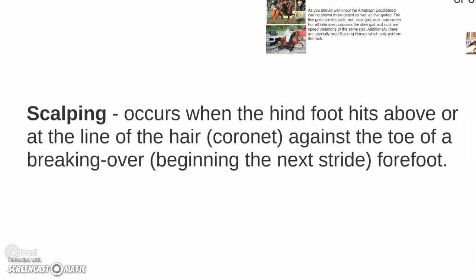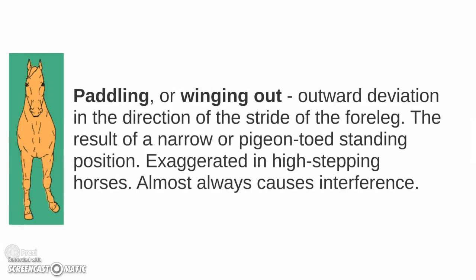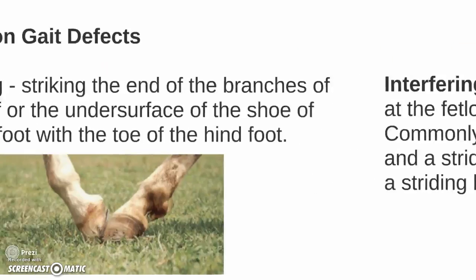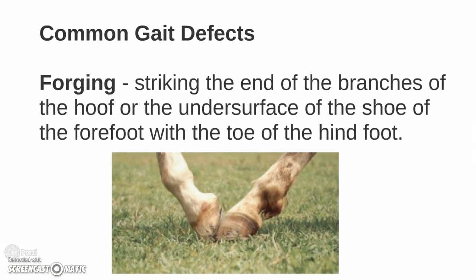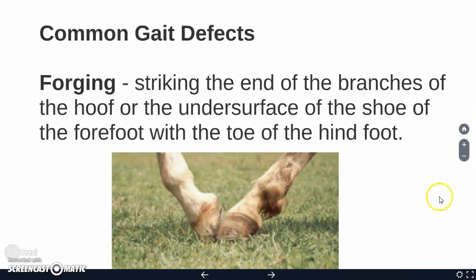So if we think about forging here, instead of the rear foot coming in contact with the branches of the hoof, the toe of the front leg is going to strike somewhere up here above the coronet band.